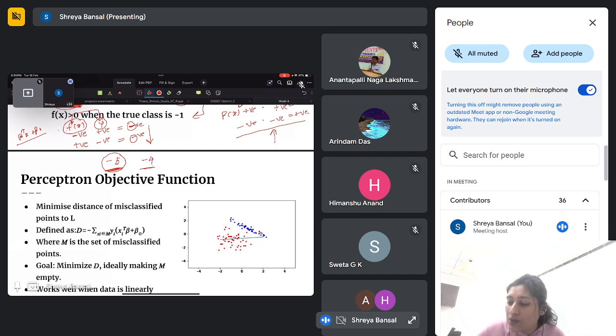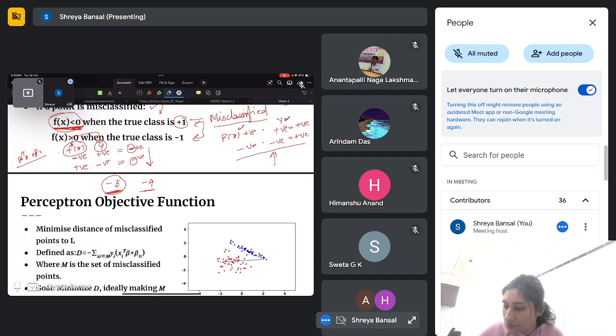Here I want to get -4 irrespective of 5. This minus sign is just giving you an indication that your points are misclassified. That's why we put an extra minus here.